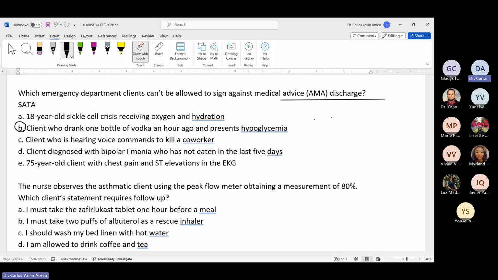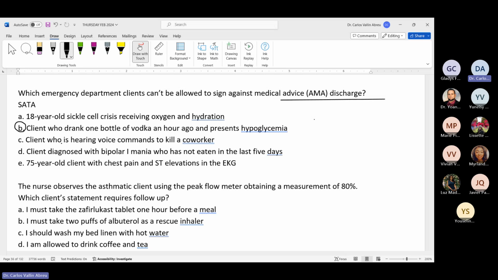An adult in his or her mental capacity is the same as who can sign consent. Adult, with few exceptions, and in their mental capacity. So this client is not in his mental capacity. One hour ago, he drank a complete bottle of vodka and is having hypoglycemia, which also altered the mental status. If you allow this client to leave and something happens to this client, you are liable. You cannot allow this client to leave.